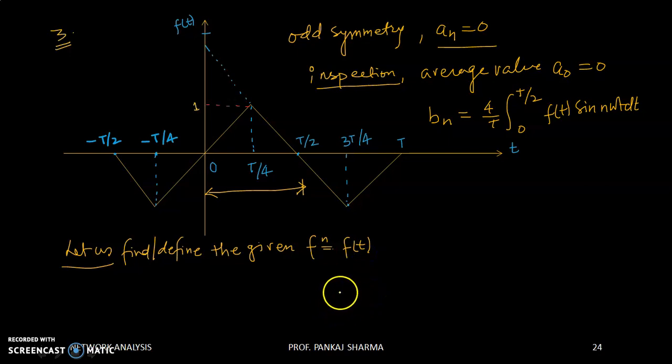See this, we have this waveform from 0 to T by 4, for t greater than 0 and lesser than T by 4, and this declining or decreasing, negative slope waveform after T by 4 up to T by 2, that is, when t is greater than T by 4 on the time axis but lesser than T by 2.